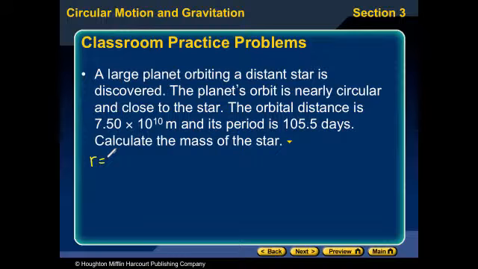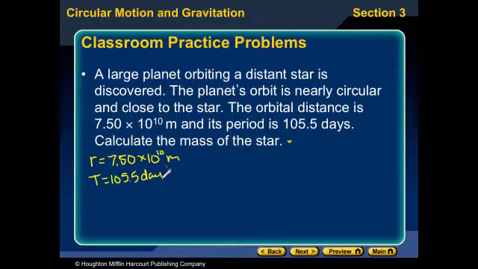So r is going to equal 7.50 times 10 to the 10th meters. The period, so that's T, is equal to 105.5.